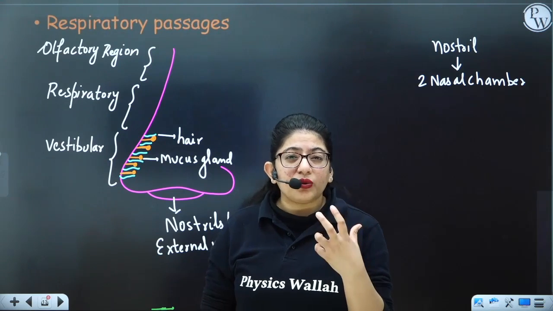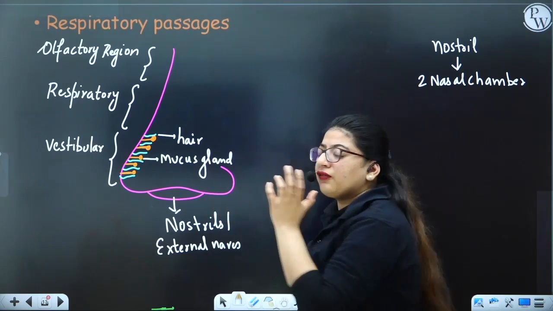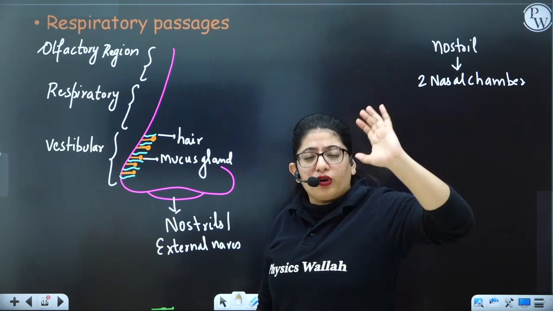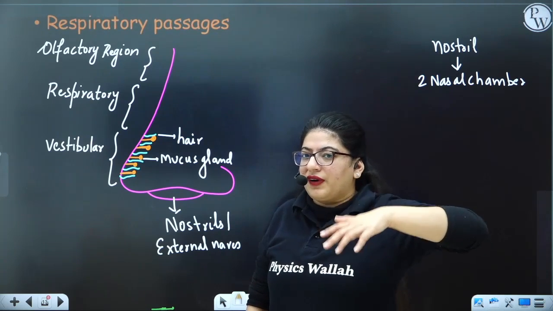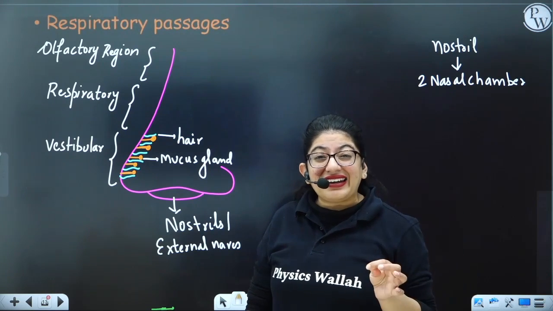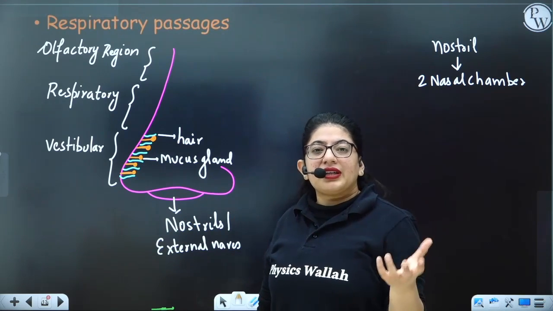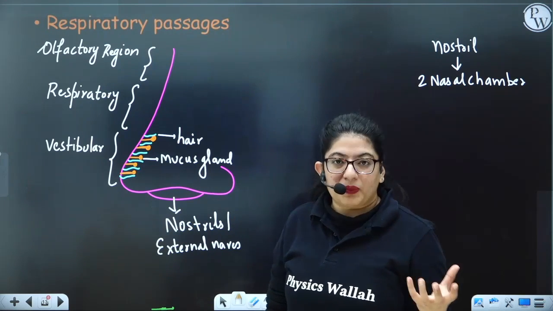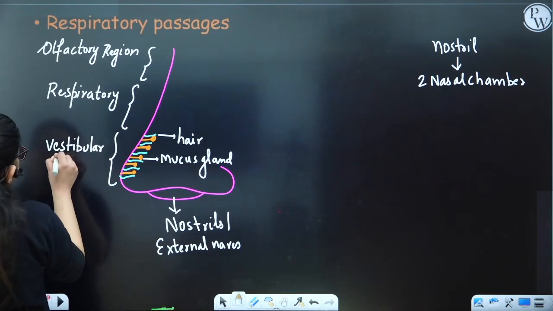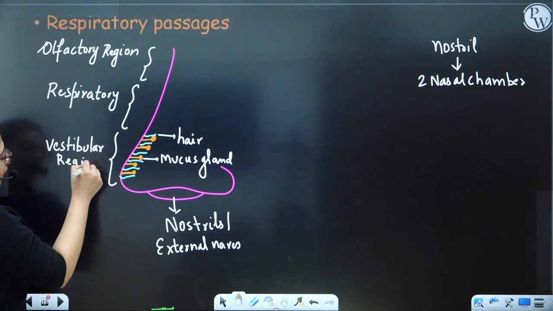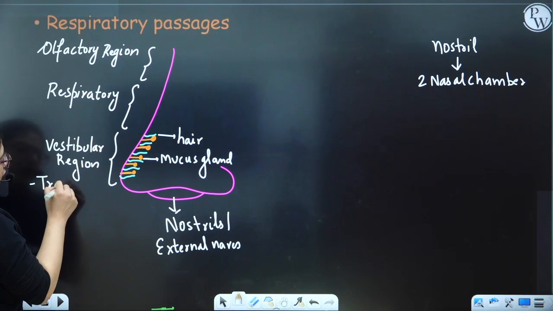You call it a runny nose. These glands get inflamed and start producing a lot of mucus, and your nose also gets red at that time. Both the mucus and hair trap dust particles. So the function of the vestibular region is to trap dust particles.